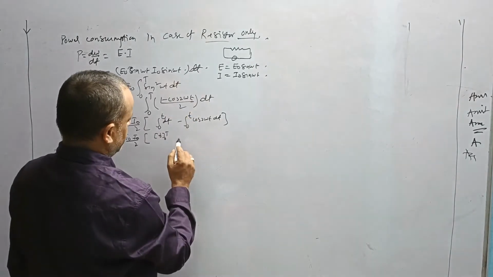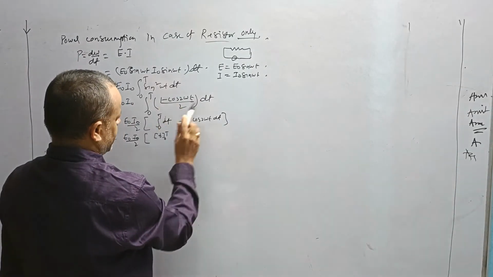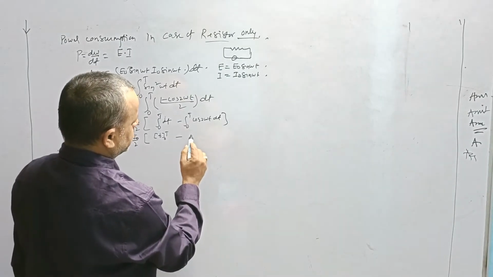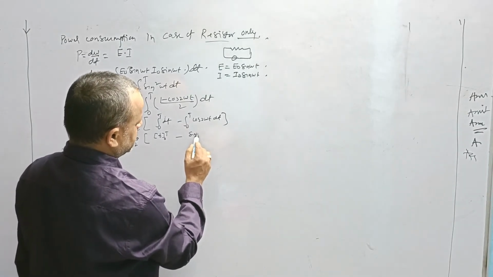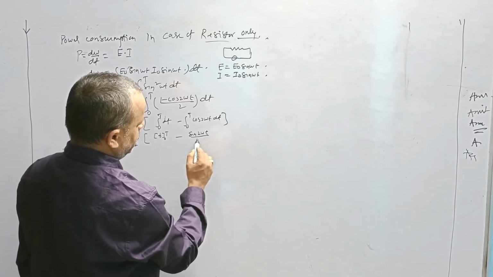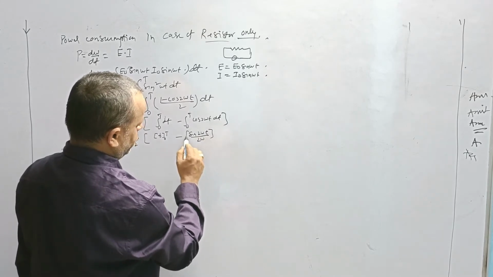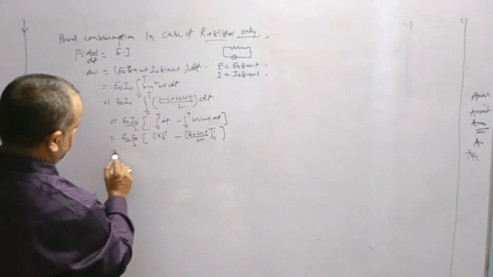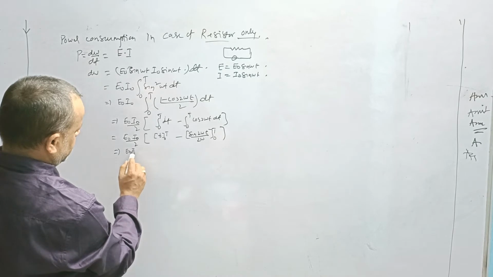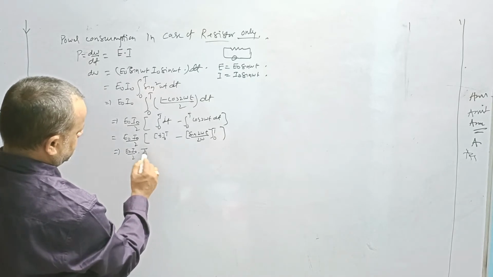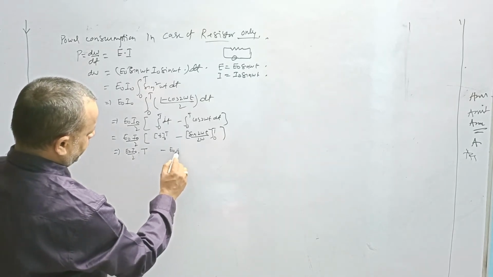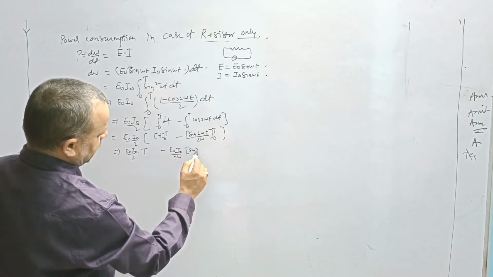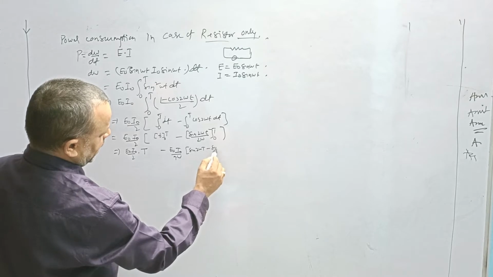We will write capital T, it doesn't matter. And the integration of cos 2 omega t is sin 2 omega t upon 2 omega, from 0 to T. When we place the values, this is sin 2 omega T minus sin 0.